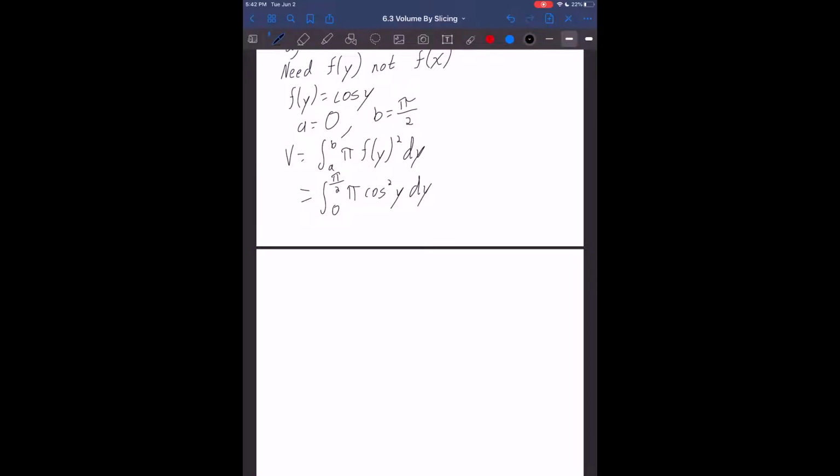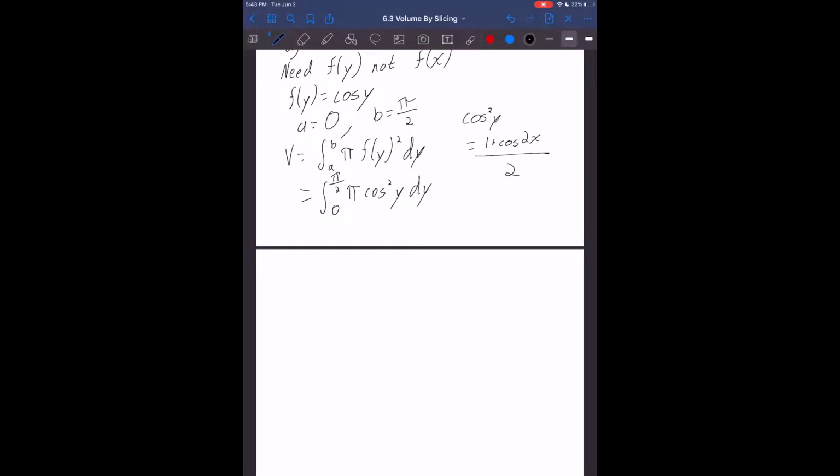The general strategy we use when we have, say, cosine squared is that we like to make it in terms of cosine instead of just cosine squared, because we know how to take integrals of cosine. So if you remember back from trigonometry, we have cosine squared of y equals (1 plus cosine 2y) over 2.